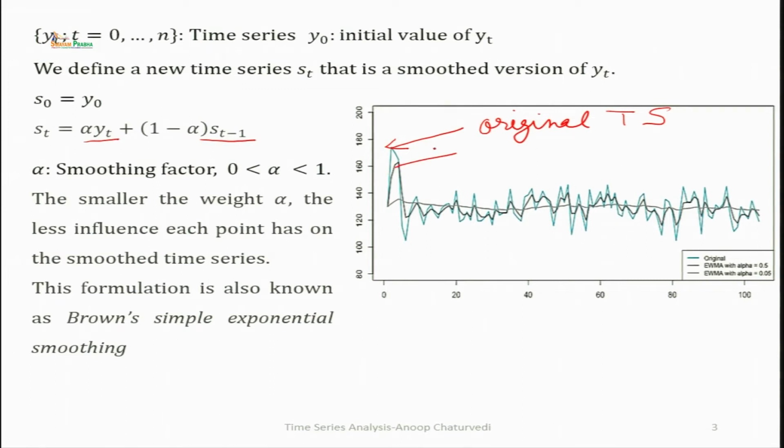So, you get this series, alpha equal to 0.5, and then for alpha equal to 0.05 you get this series.